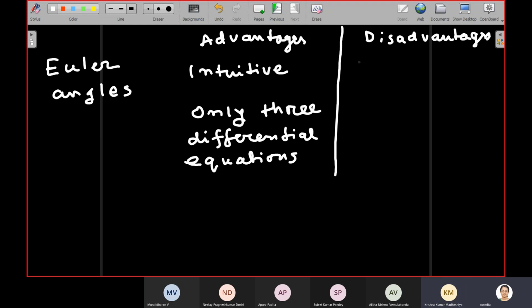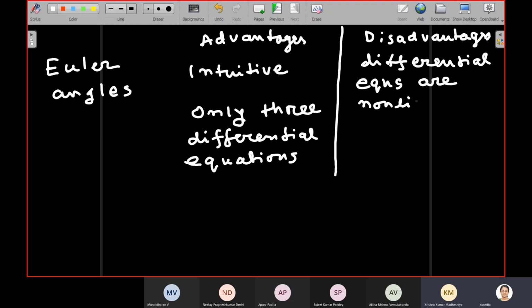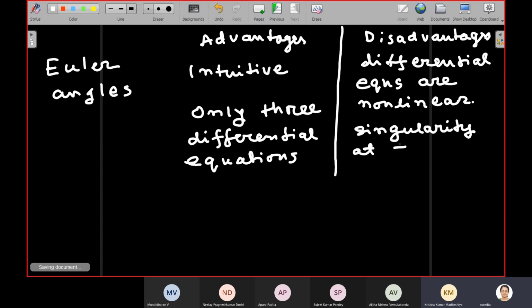Then disadvantages: the differential equations are nonlinear. We don't have linear differential equations. There is a singularity, and this is an important limitation of Euler angles. Singularity at plus minus 90 degrees pitch in case of 3 to 1 sequence.